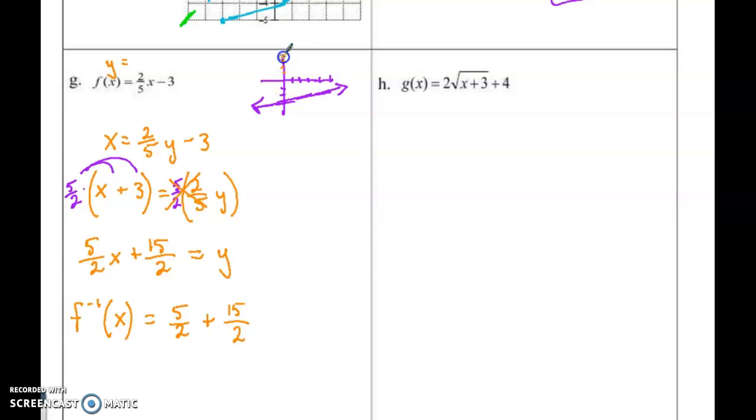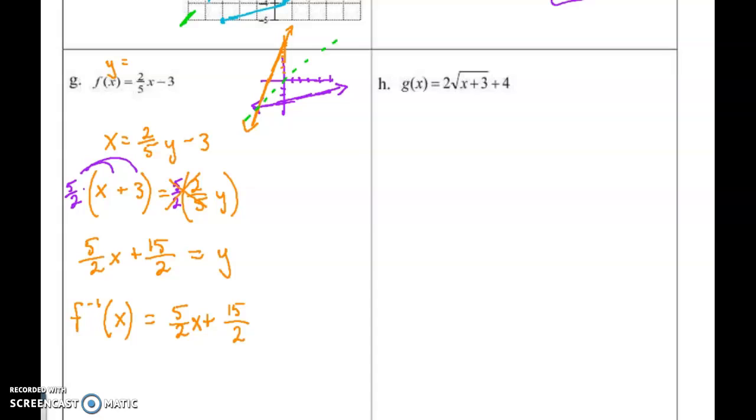So if I were to ask you to graph that, you'd have a y-intercept up here, but then the slope would be up 5, right 2. Well, if I go backwards, it would be down 5, left 2. And what you'll notice is that if I drew that diagonal line, they are reflected over that diagonal line y equals x. So it does make perfect sense.